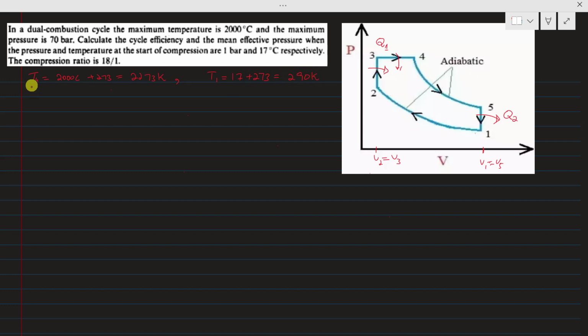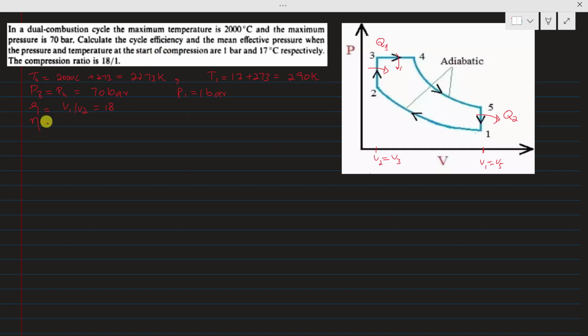The maximum pressure is P3, which is also equal to P4, and that is 70 bar, and the minimum pressure at P1 is 1 bar. And what is the compression ratio? The compression ratio is V1 divided by V2, and that is equal to 18.